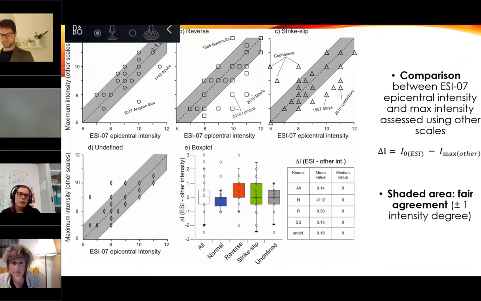So we should bear this characteristic in mind when we perform the regressions or some numerical and statistical analysis of the data. So basically, we see that there is overall a good agreement between effects on nature and other effects measured using other intensity scales.